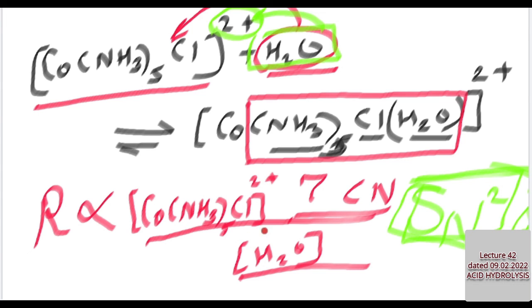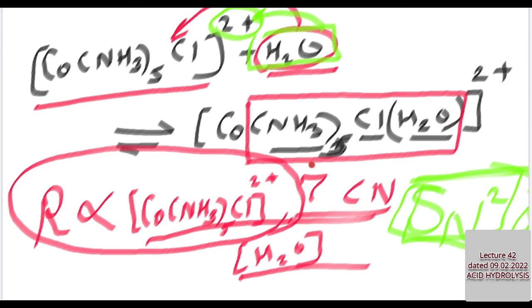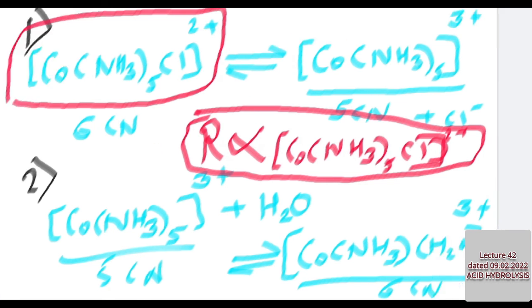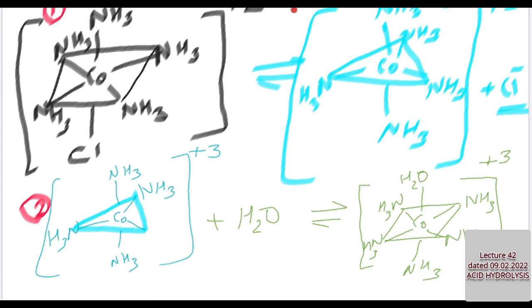The rate of the reaction was found to be directly proportional to only one species, and therefore we say the mechanism is SN1 rather than SN2. But at the beginning people thought that the rate of the reaction might depend on these two, but they were found to be wrong. Practically, the mechanism can be represented in these two steps: a six coordinated complex, a five coordinated intermediate, and this five coordinated intermediate gives the six coordinated product.